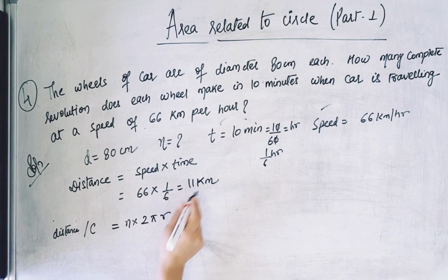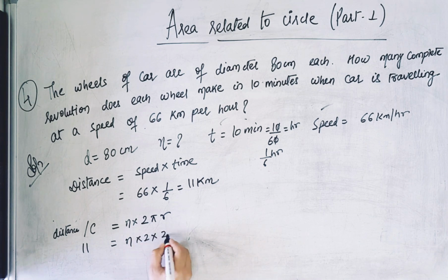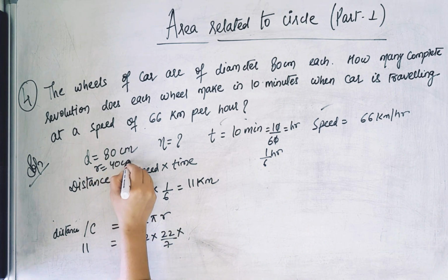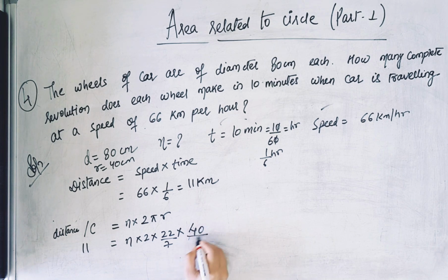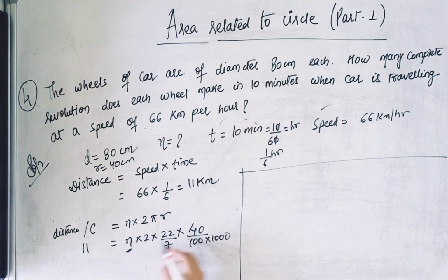Now we are provided with this distance, that means the circumference, 11 kilometer, and we have to calculate 2 into 22 by 7 into r. Diameter is 80, so r will be 40 centimeter. So it will be 40 by 100 by 1000, because this centimeter will be converted into kilometer. To come from centimeter to meter we have divided by 100, then to come from meter to kilometer we have divided by 1000. Now we have to find out the number of revolutions.